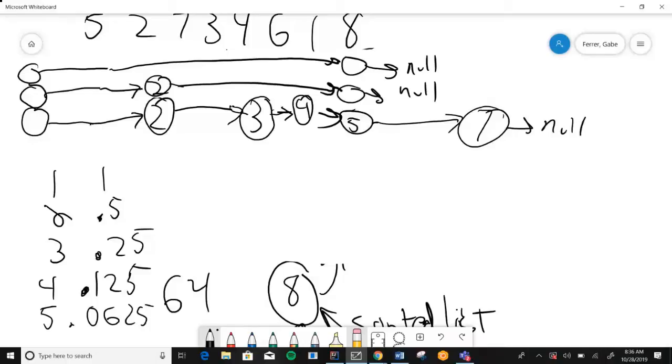Wait, so the first 2 levels are dependent on the second number? Whatever goes in the first 2 levels is dependent on the second number in the list of numbers you were given. So like 5 to 7, 3.